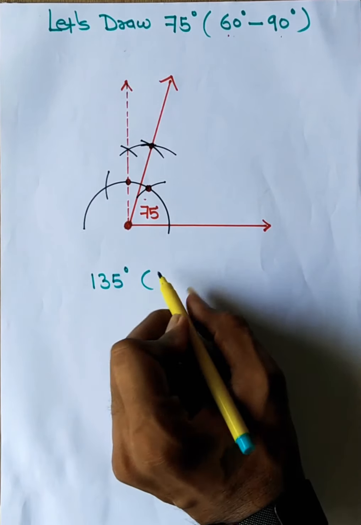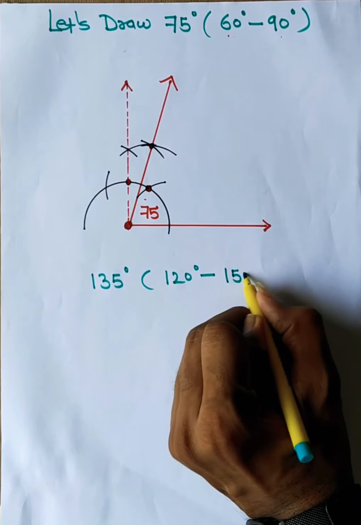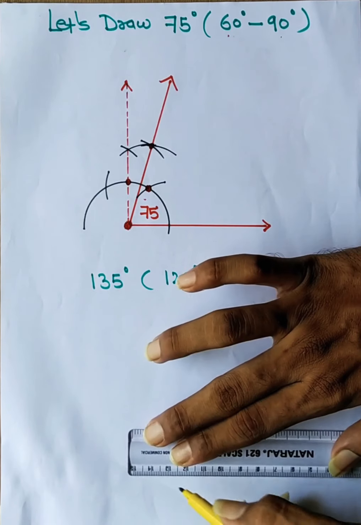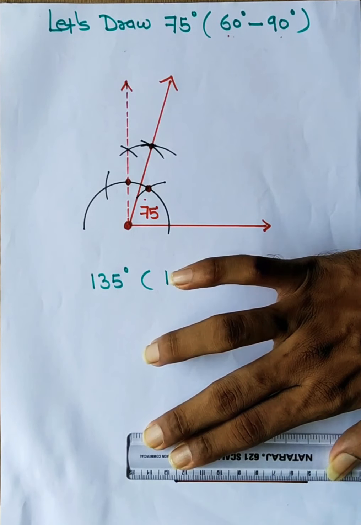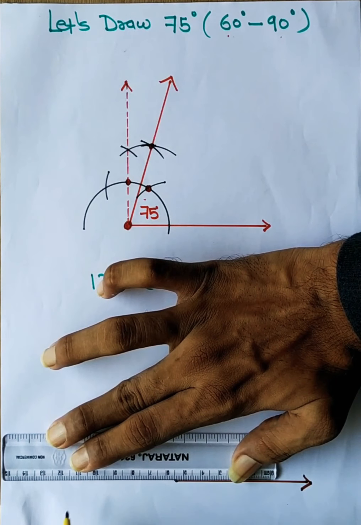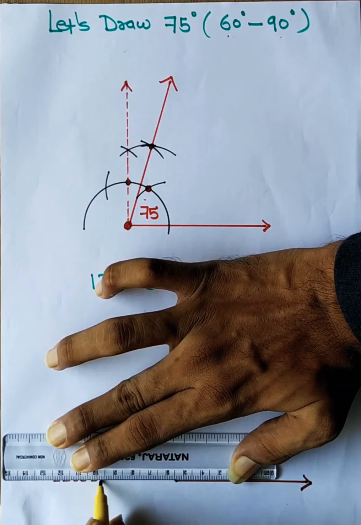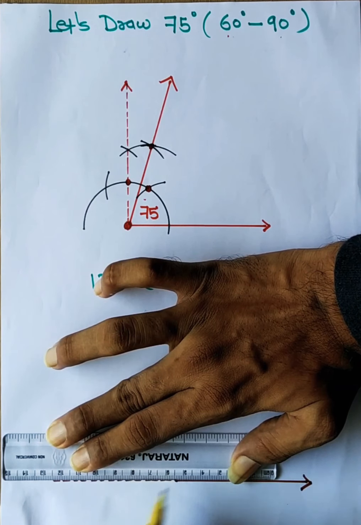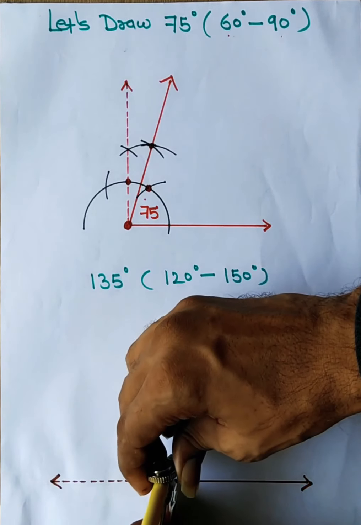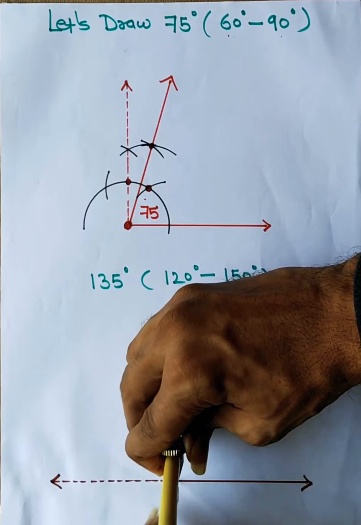Okay, now that is in between 120 degree and 150. So we shall start with a line. As we want 150, we need to take the line on another side as well, because we need 180, so we need to see the arc.